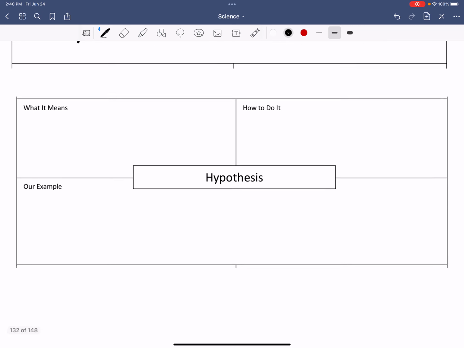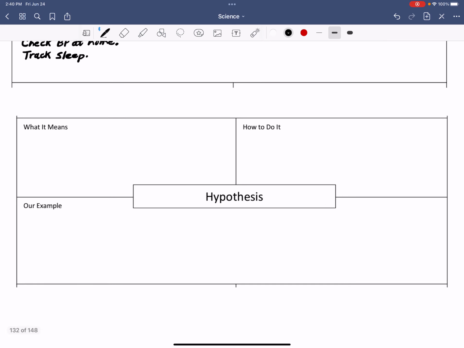Okay, so when you make a hypothesis, you are going to state in sentence form the educated guess to answer your research question.